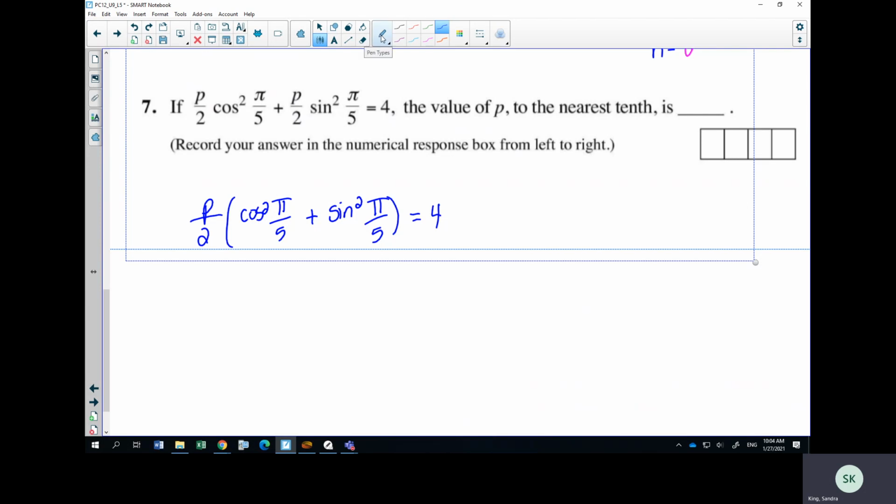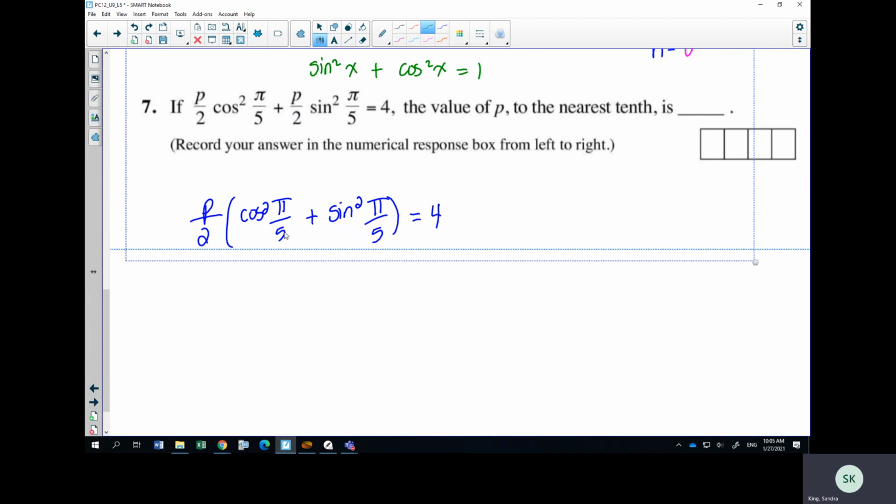It might be hard to see this, but this is one of your Pythagorean identities. This identity here is sine squared of x plus cos squared of x is equal to 1. Remember that for this identity, when we proved this in class, x could be any number, and if you have sine squared of x and cos squared of x, that is going to equal 1.